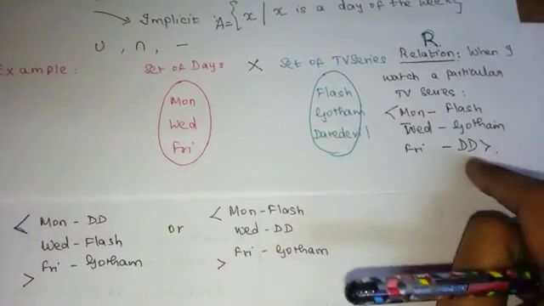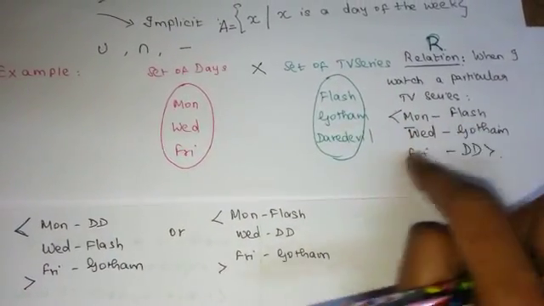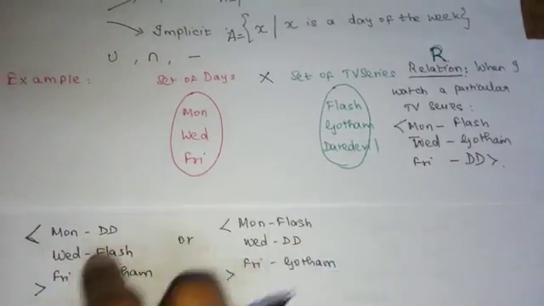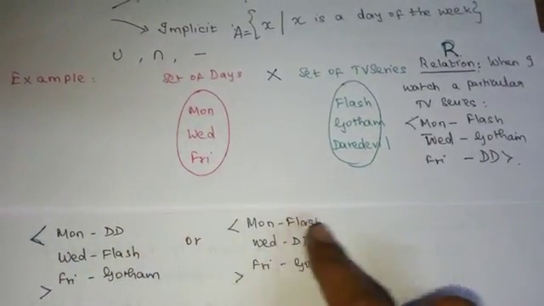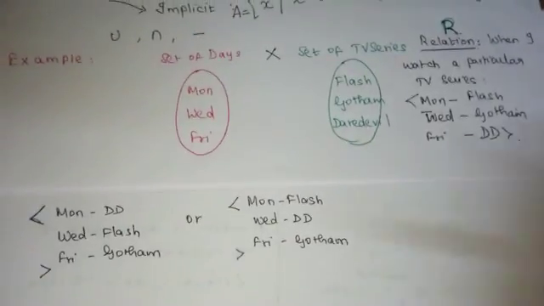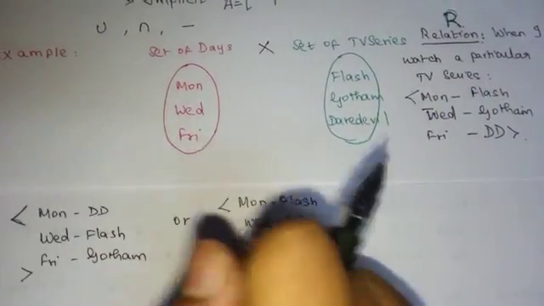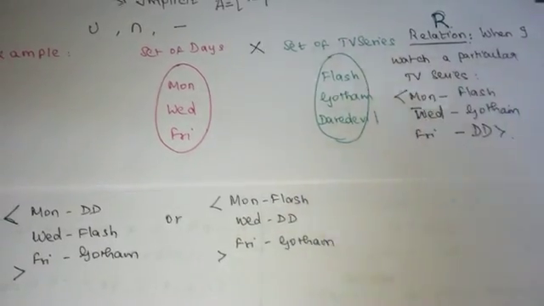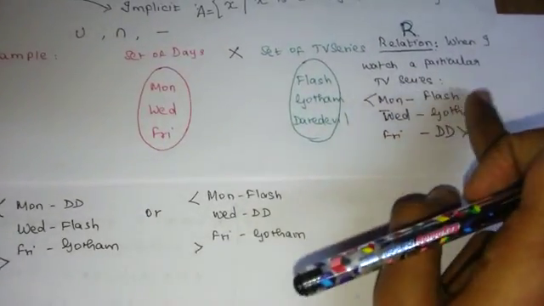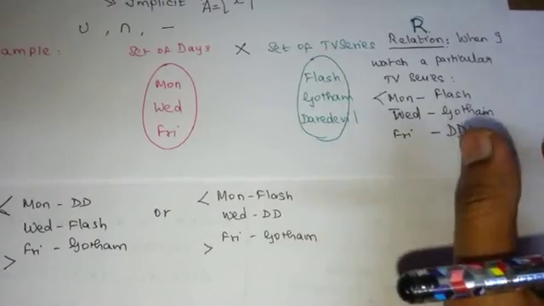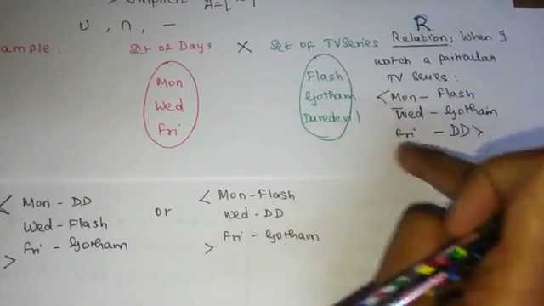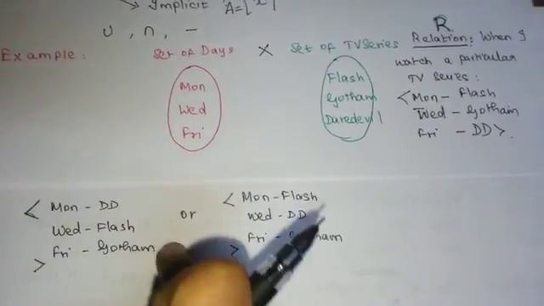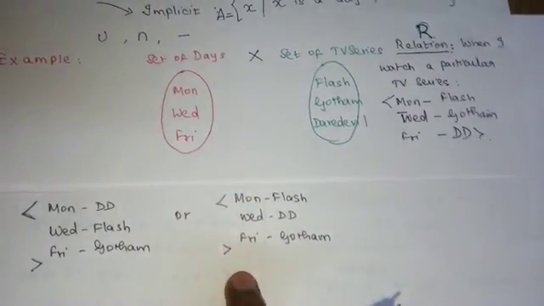Like in the first possibility, Monday Flash, Wednesday Gotham, Friday Daredevil, and in the second possibility it's a different one, or the third possibility. Now we saw that these different possibilities are elements that can be present in the relation, right? So when you define when I wanted to watch a particular TV series as a relation, you can give this as an answer, or this, or this.